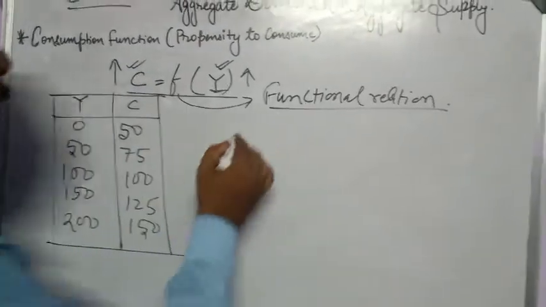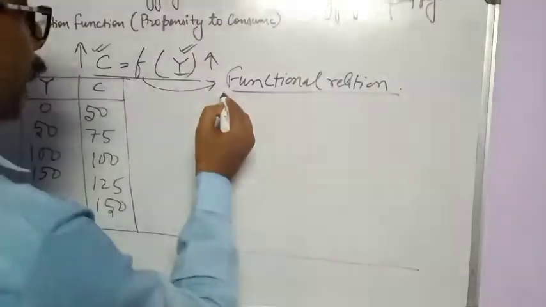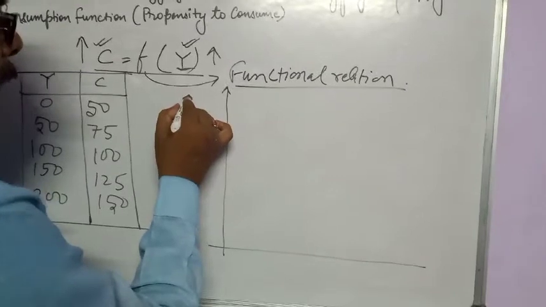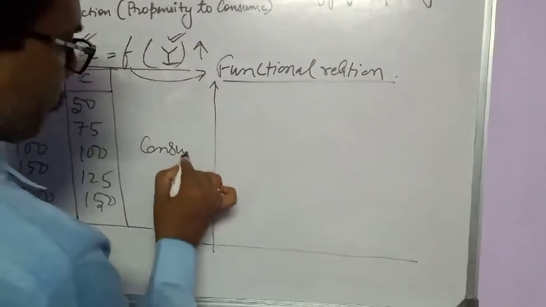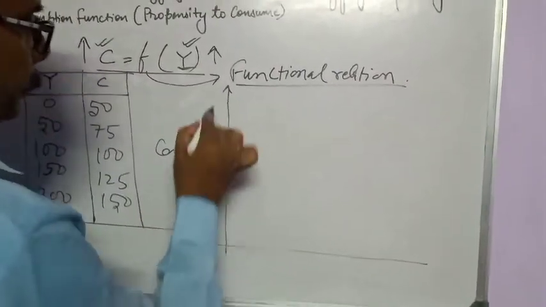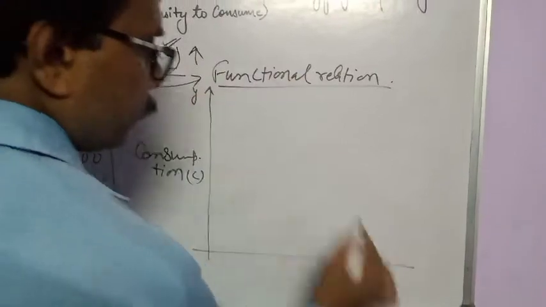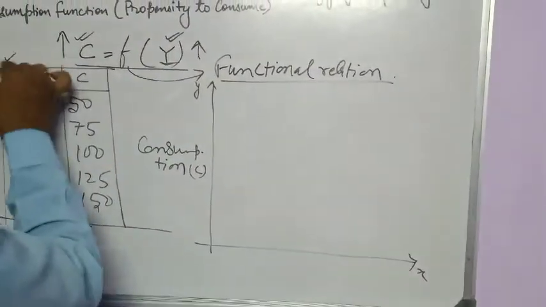Clear? So here we find that this is the y-axis. Here I have taken consumption, denoted by C. This is your y-axis and this is your x-axis. And here I have taken income.